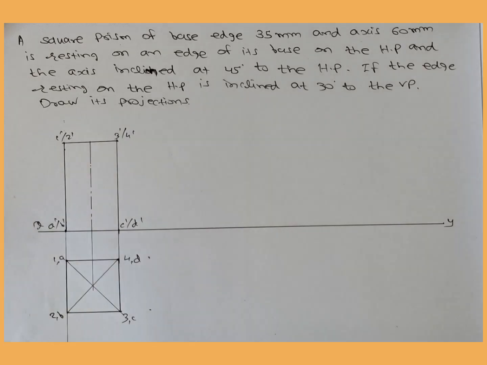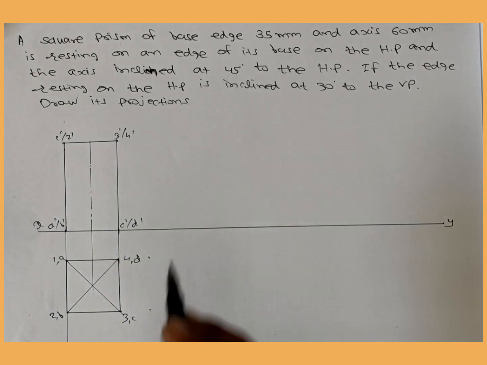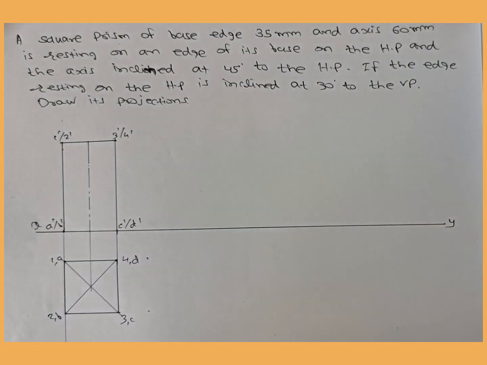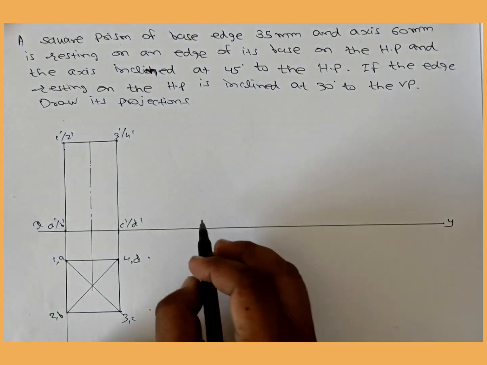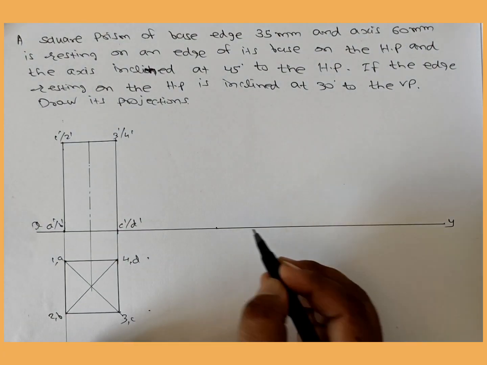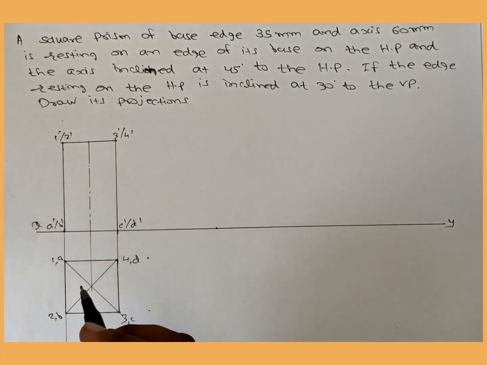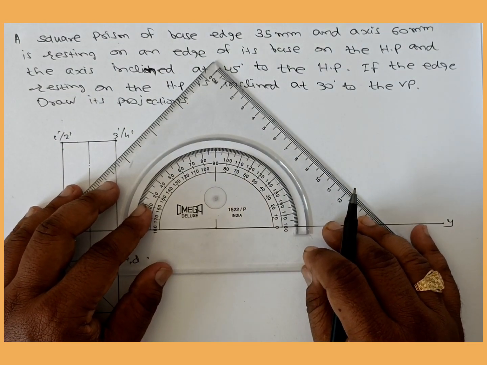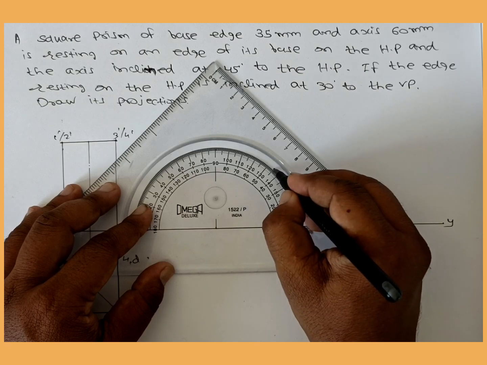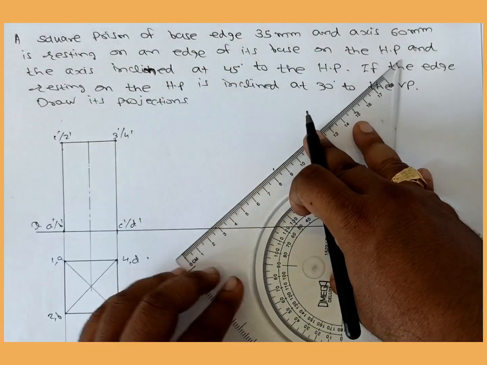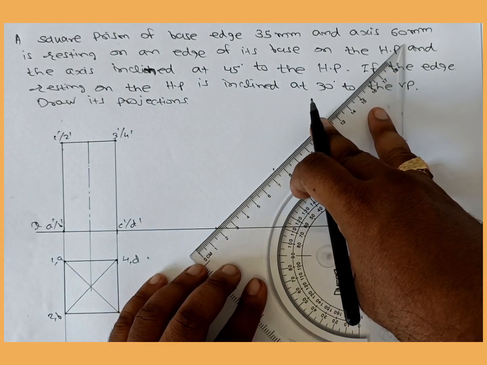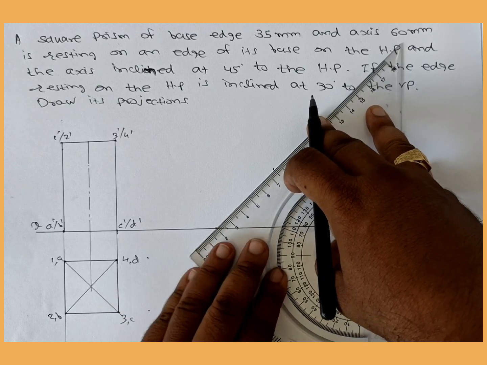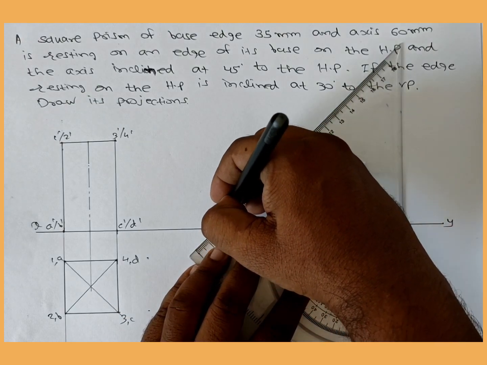Now students, the axis makes an angle of what? 45 degree to the HP. So we take this point and from this point we have to take 45 degree. Axis length is 60 mm, so we can draw a 60 mm line.